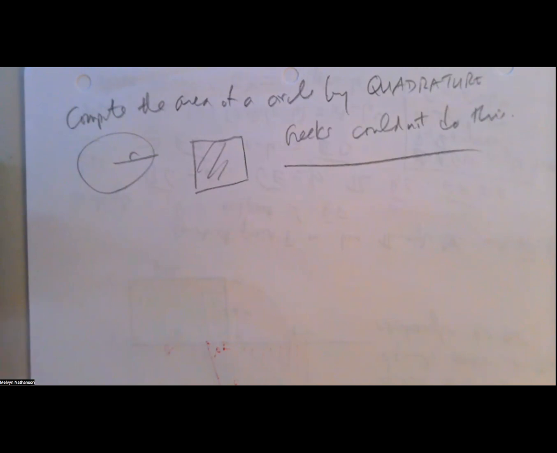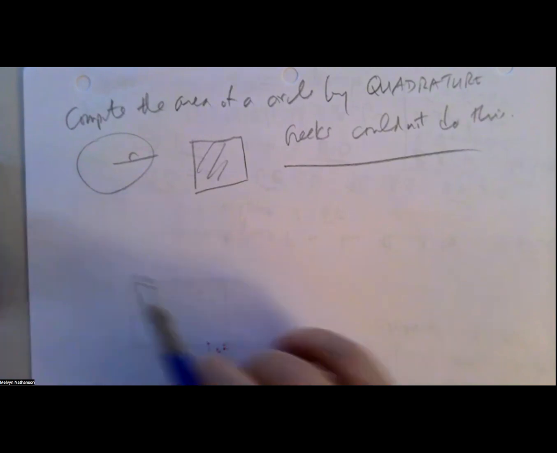And for any geometrically shaped area which has curved boundaries, it wasn't clear that they would ever be able to find an example, even of some region in the plane that was constructed from arcs of circles.